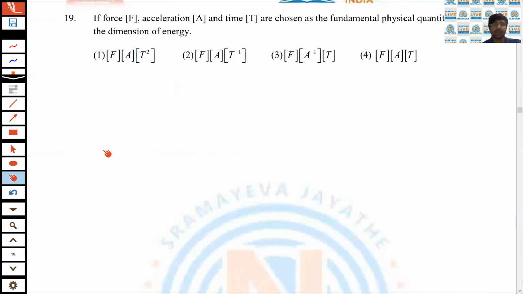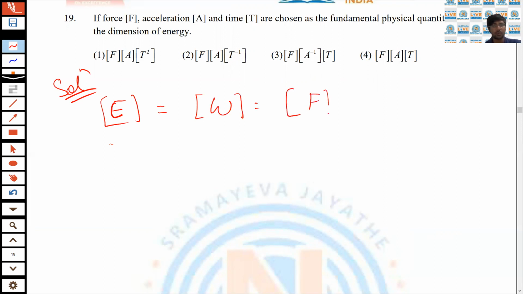Now let's come to the 19th problem. So in this problem, force, acceleration, and time are chosen as the fundamental physical quantities. You have to find the dimension of energy. So we know that the dimension of energy is the same as the dimension of work, which is equal to dimension of force multiplied by dimension of displacement.